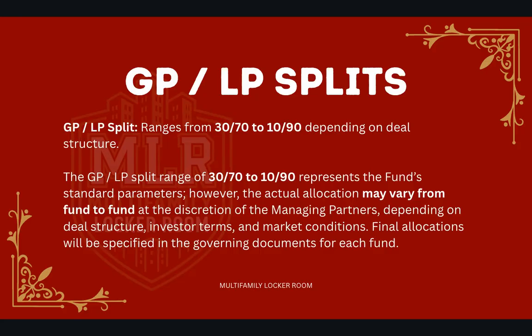Depending on the deal structure, the investment terms, and market conditions, understand this: the final allocations will be specified in the governing documents for each fund before you even go out and present them and share it with an investor or move forward yourself with the fund itself.